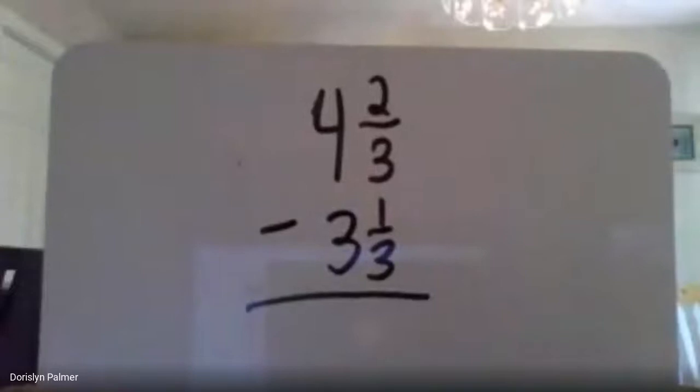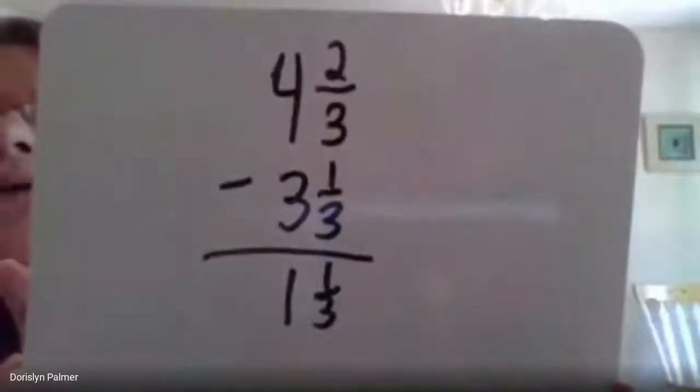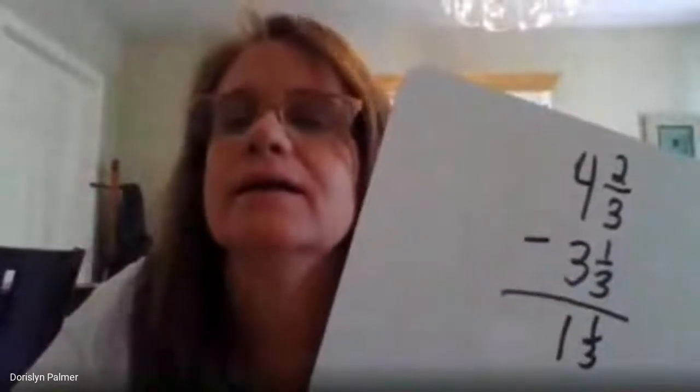All right, what will we get? We'll get 1/3. I mean, 1 1/3. Very good. And that is in simplest form. We can't do anything else with it. So we'll keep it 1 1/3. Okay. And the next one, 6 9/10 minus 3 7/10.